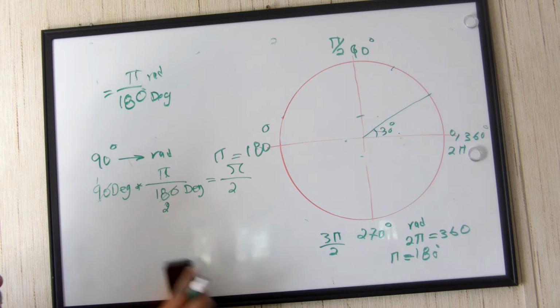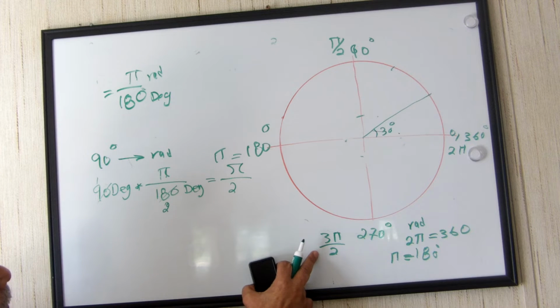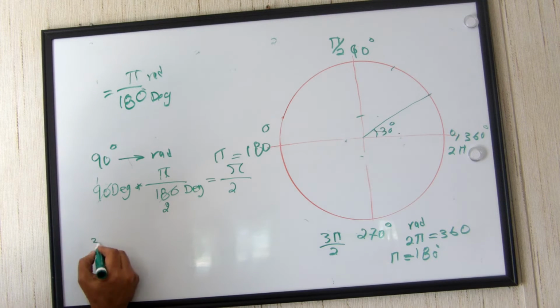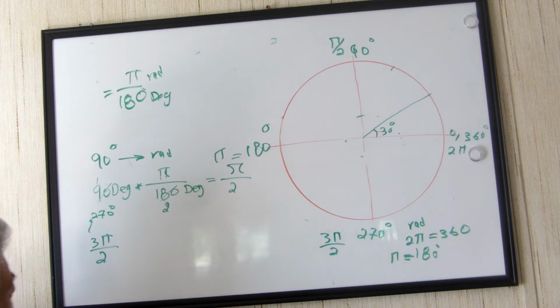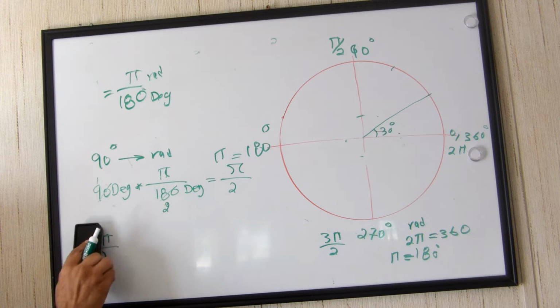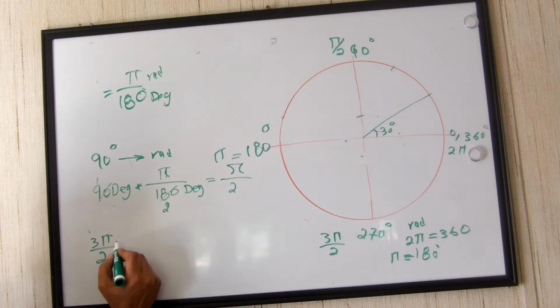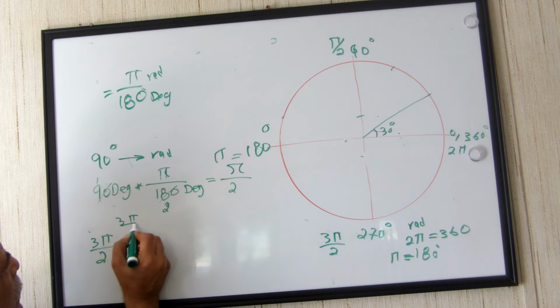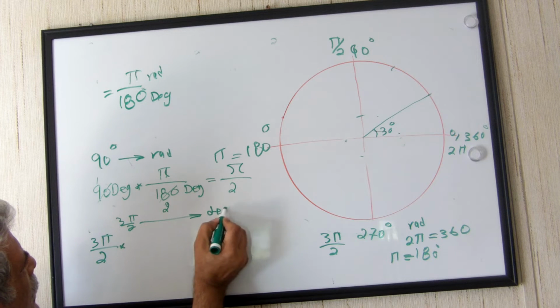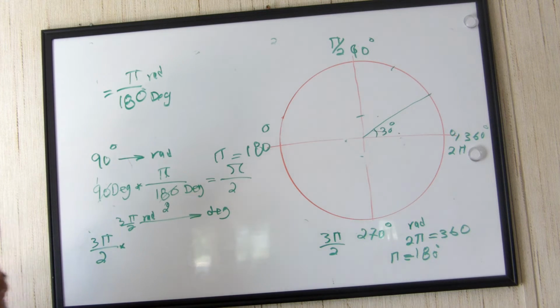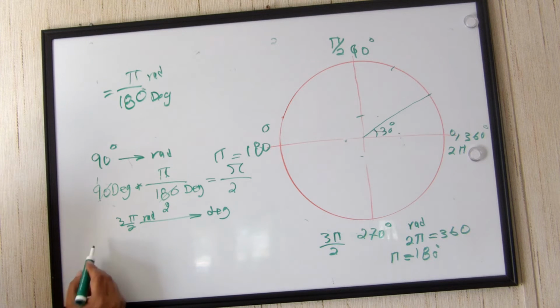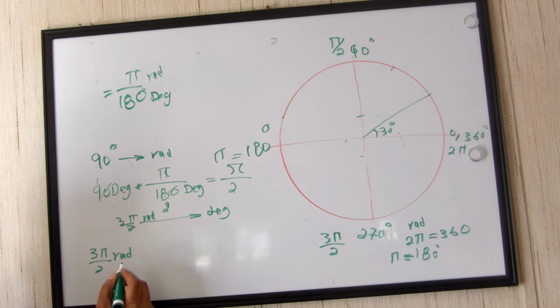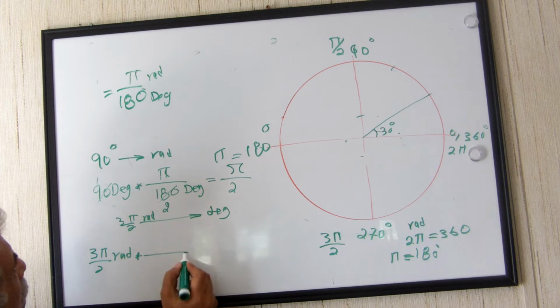Let's do something else. We know that the radian is 3 pi over 2, and we know that this is 270 degrees. We are going to convert 3 pi over 2 radians to degrees.